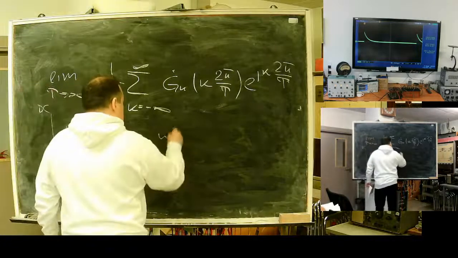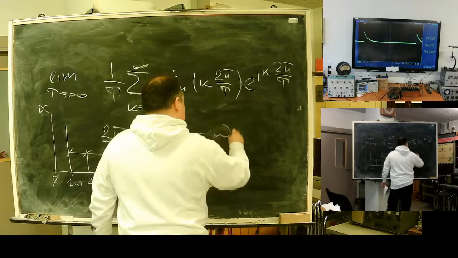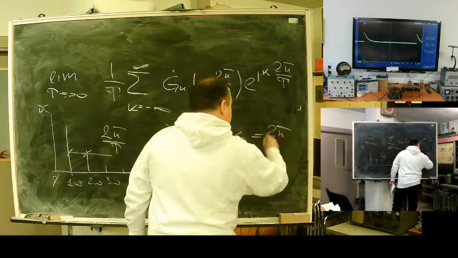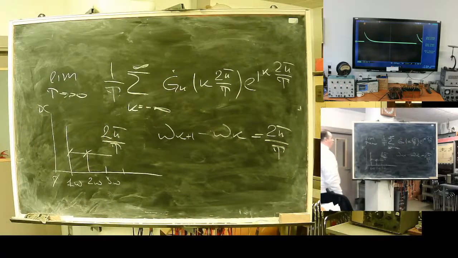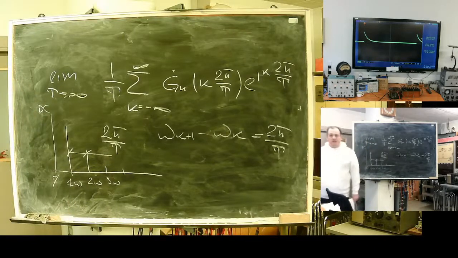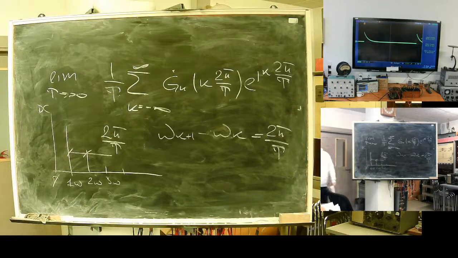So the distance between spectral lines is 1 frequency. When we move the period to infinity, these lines will come closer and closer. And at the end, what will we see?